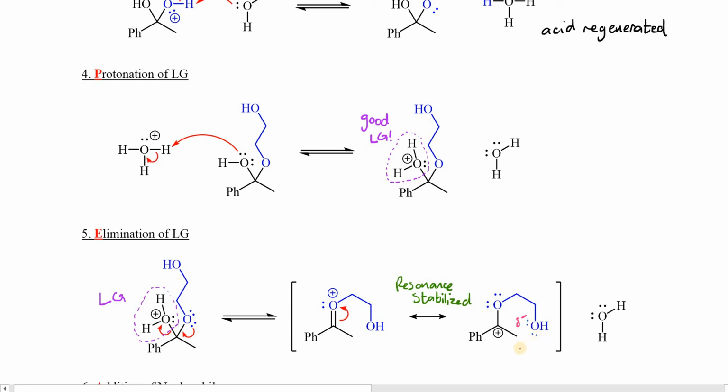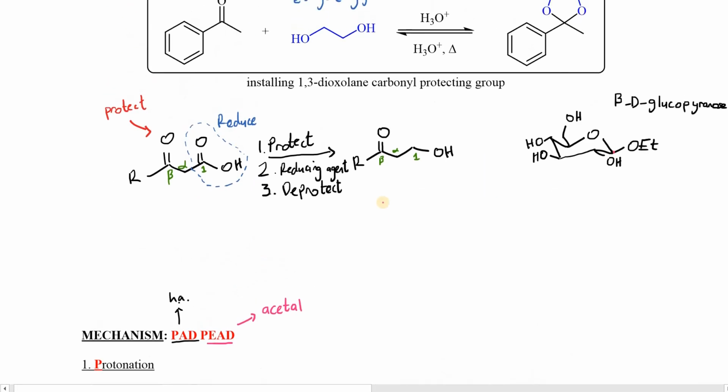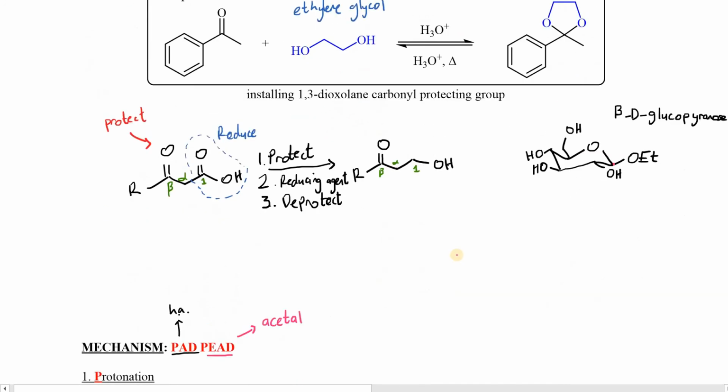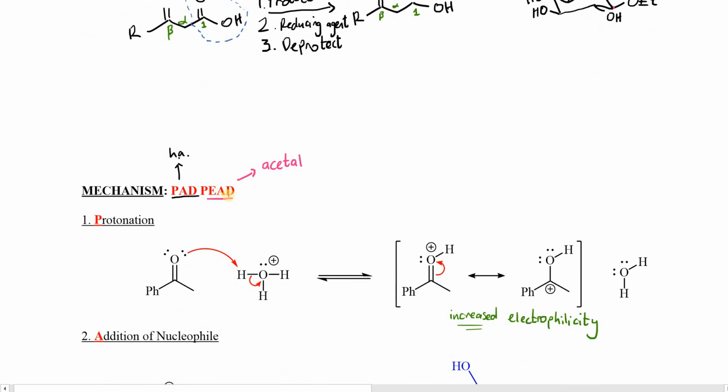Well, this OH can come in and attack the carbonyl carbon, and that's exactly what happens. In the case of ethylene glycol, remember, we theoretically have 1 mole of ethylene glycol, 1 equivalent, but we have 2 equivalents of OH, 2 moles of OH. One reacts to form the hemiacetal, the other reacts to form the full acetal. So this is what happens in the second last step, the second addition.